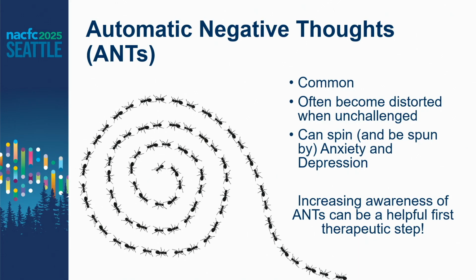If we don't question them, we can digest these as truth. We don't know that they're not true anymore. And it can negatively affect, going back to that spin, and can be spun by anxious and depressive symptoms. So helping Jordan to increase some awareness of his own automatic negative thoughts might be a very helpful first step.